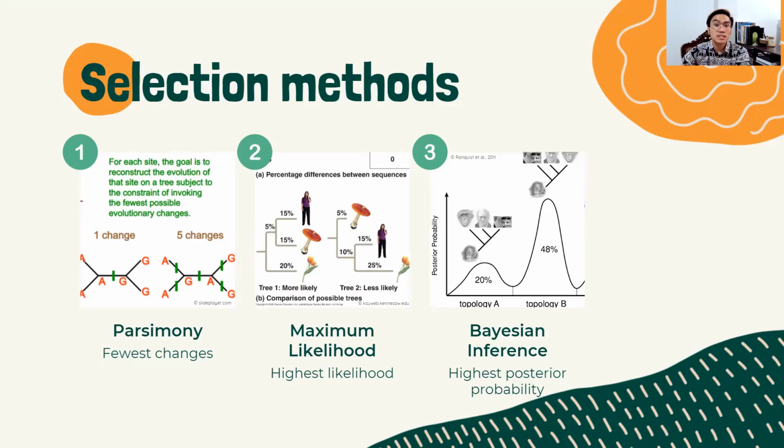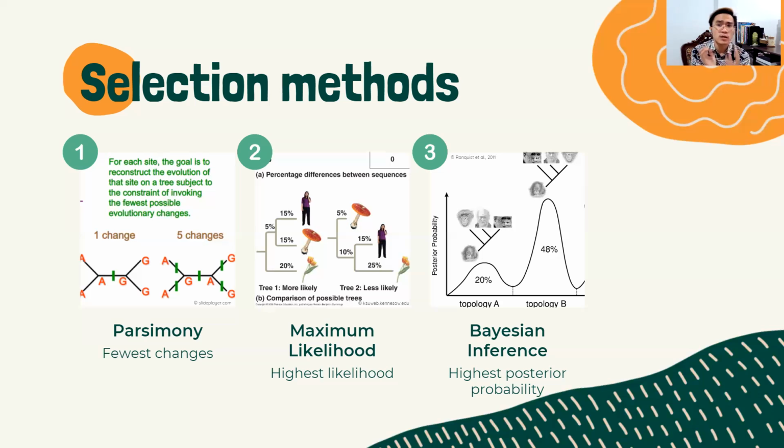Finally, the most recent selection method that we use in selecting which tree would best represent the evolutionary relationships between our OTUs is what we call Bayesian inference. It's similar to maximum likelihood in that we are considering models.